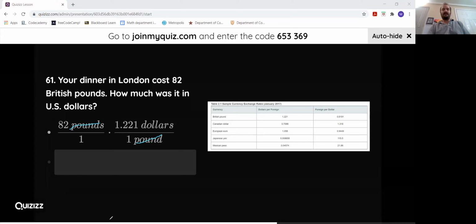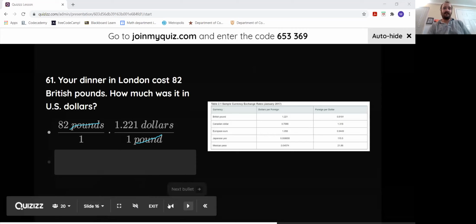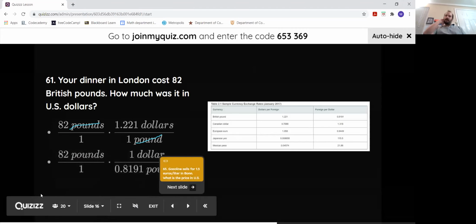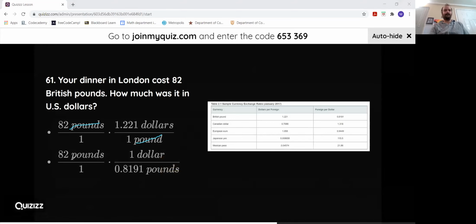So that's if I'm using the 1.221 number. If not, I can use the other number. And so I'm either multiplying by 1.221 or I'm dividing by 0.8191. Either way, you should get the same answer, right? You should be getting the 100.12, I believe is what it was.